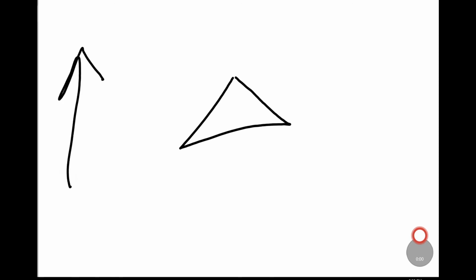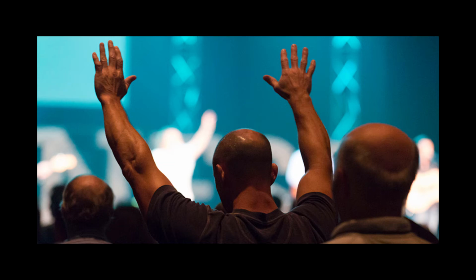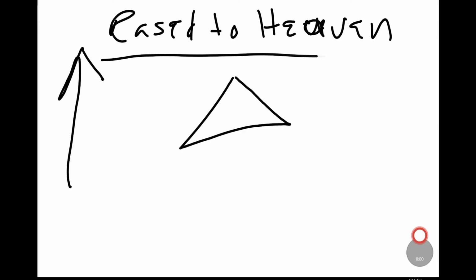Here's our triangle again. In symbology, the things that are raised towards the top of the page are things that are raised to heaven. Things that are raised to heaven are most important.